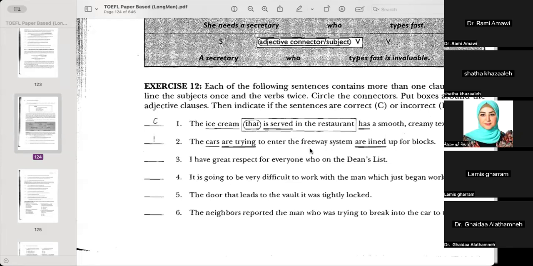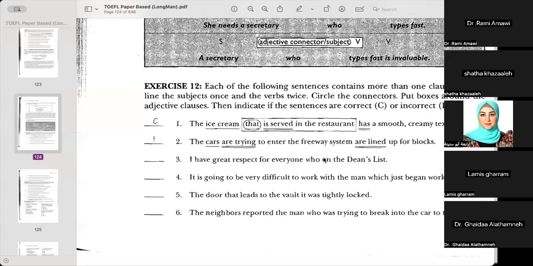Our lesson was that you can reduce the connector, reduce a subject, but not reduce a verb. The verb is necessary.